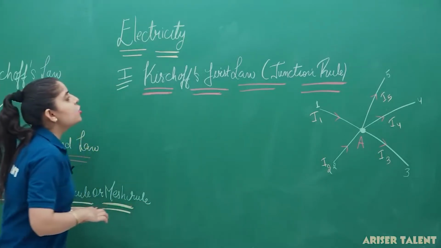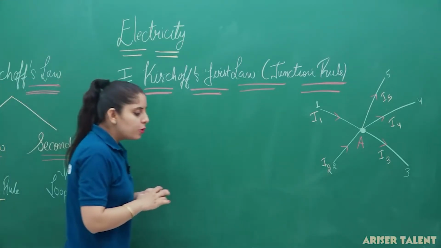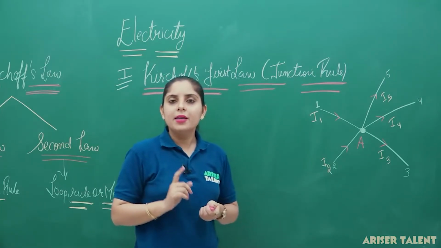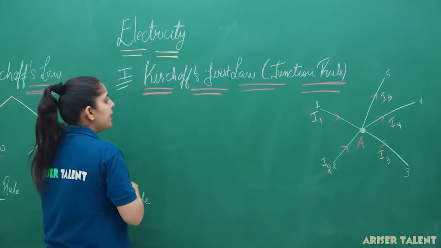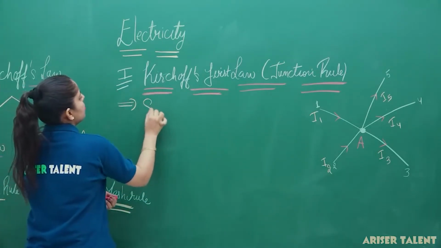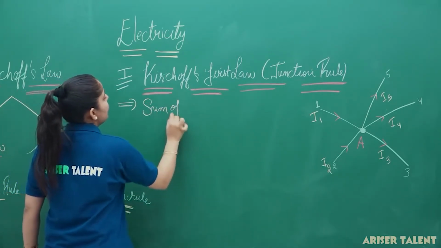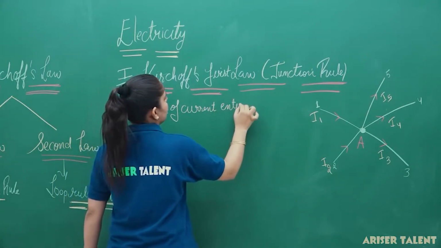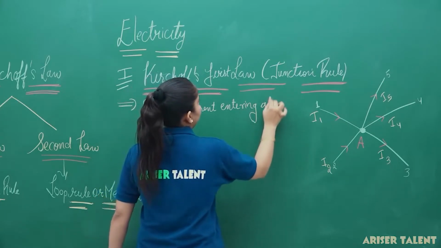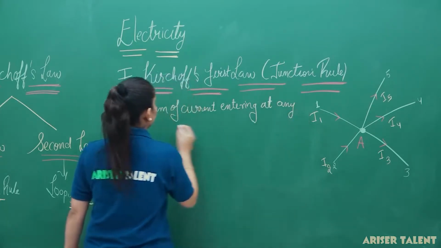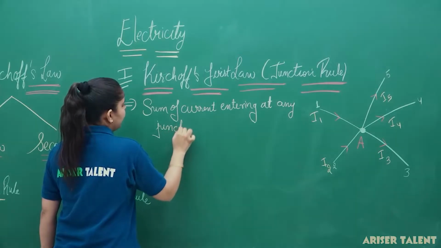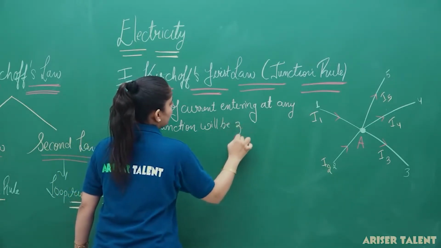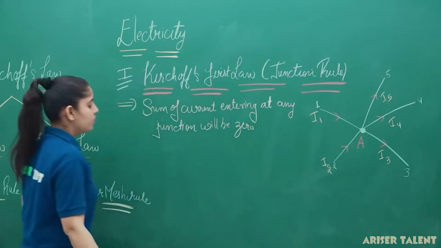So Kirchhoff's first law, the junction rule, states that the sum of the currents at any junction will be equal to 0. So the statement here will be: the sum of currents entering at any junction will be 0.